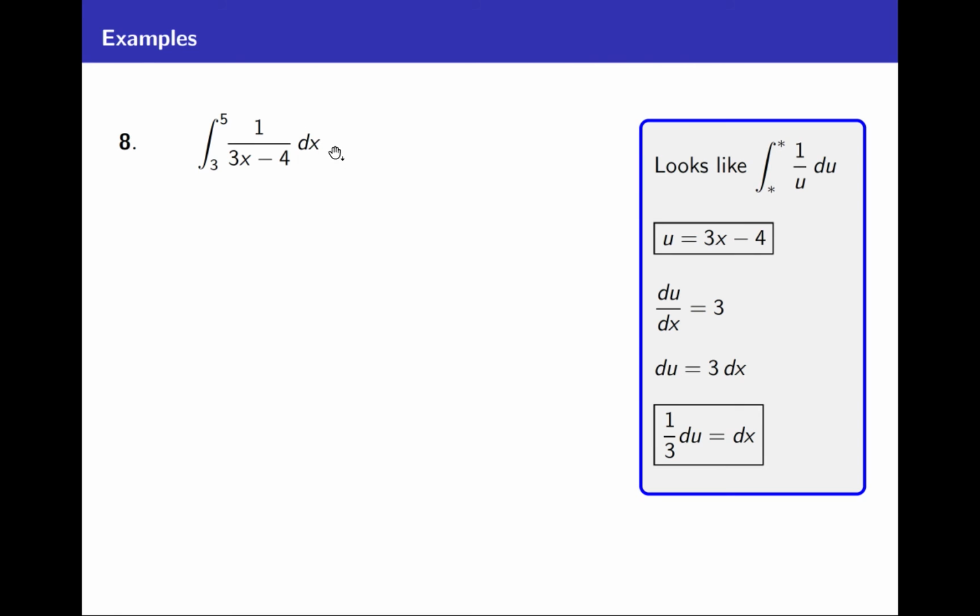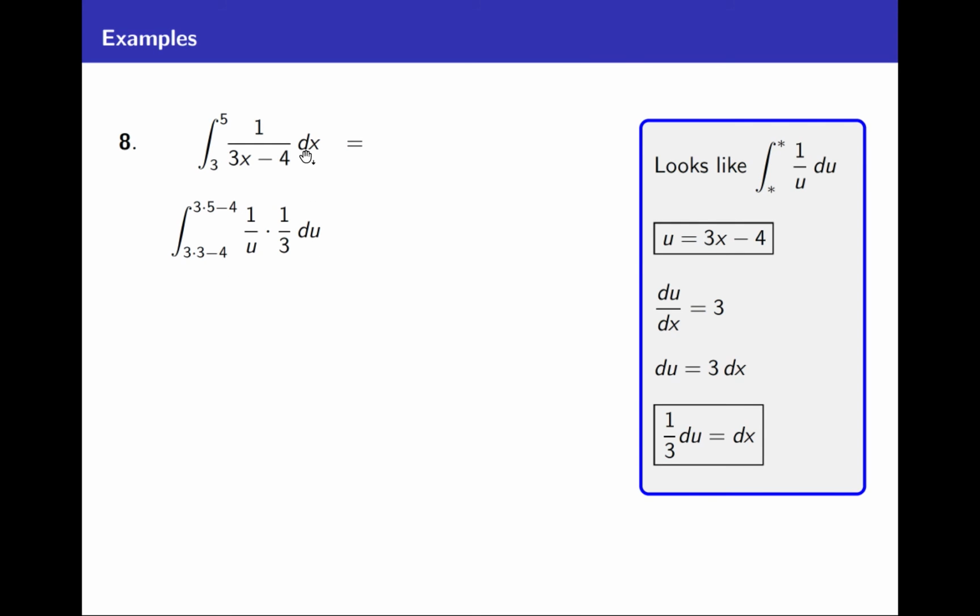This dx is going to turn into 1/3 du, and the 3x minus 4 is going to turn into a u. So there we go. 1 over 3x minus 4 turned into a 1 over u. Dx turned into a 1 over 3 du.